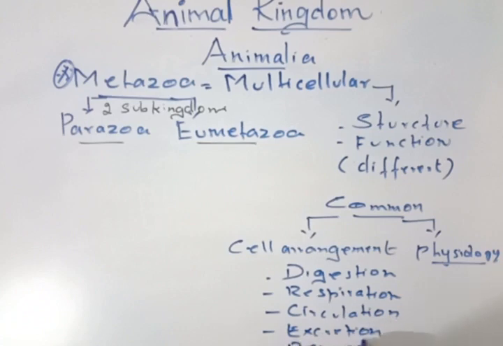So all these are the fundamental physiological processes. Now all these are common to multicellular organisms. So that means every multicellular organism will have digestion, respiration, circulation, excretion, reproduction, the cell arrangement, the body structures, everything. So all these are the common features.